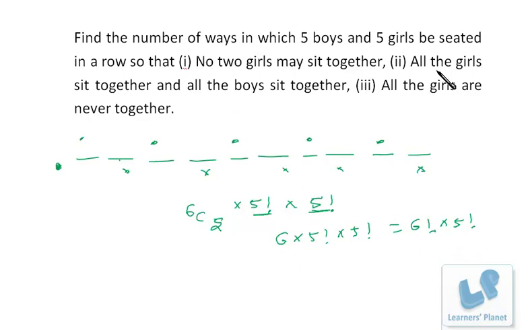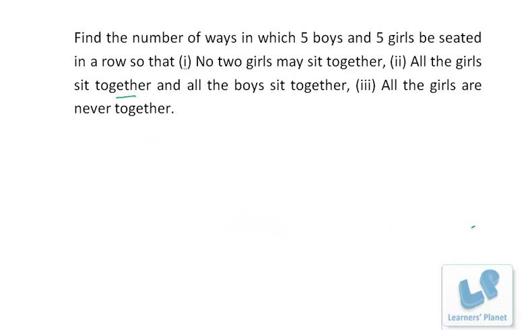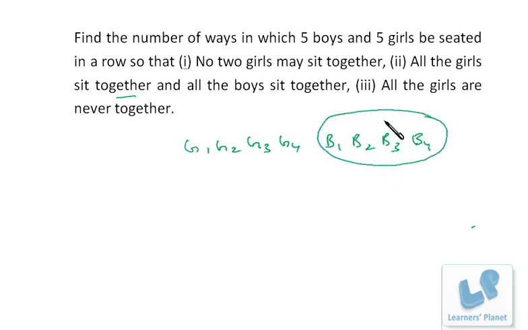Now the next is all the girls sit together and all the boys sit together. Now what we do in this case, G1, G2, G3, G4, B1, B2, B3, B4. We treat them as one and we treat them as one.